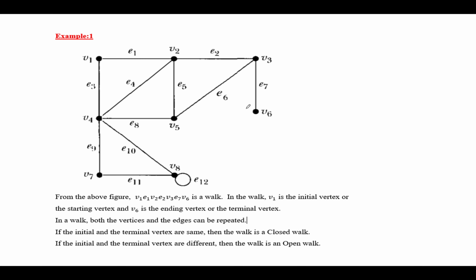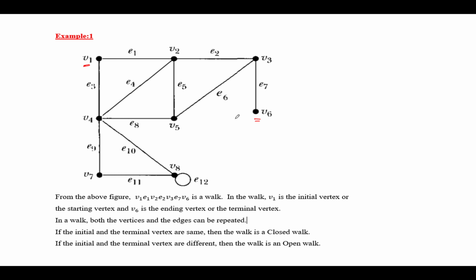We got the following graph, and we have 8 vertices and 12 edges. Now, if we note here, we can see that moving from V1 going through this to V6 is considered a walk.